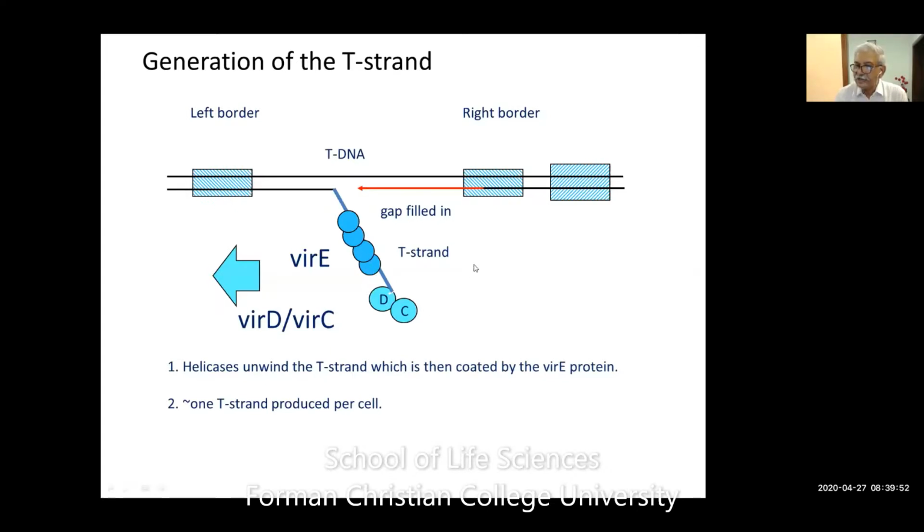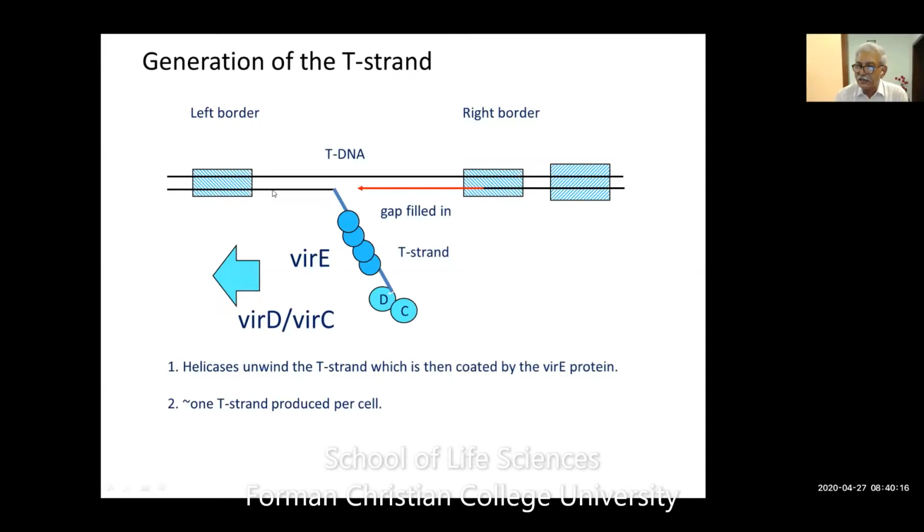So, after producing a nick, the VirD2 protein stays attached to the tDNA, which is generated here. The VirE starts binding to that DNA, and the helicases keep on unwinding this single-stranded DNA from the rest of the DNA.